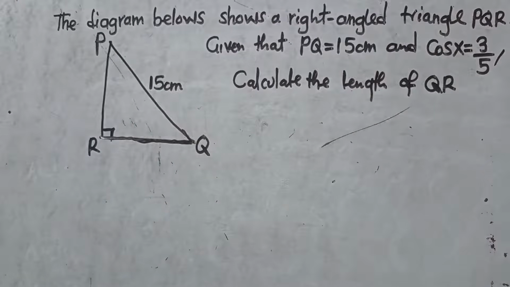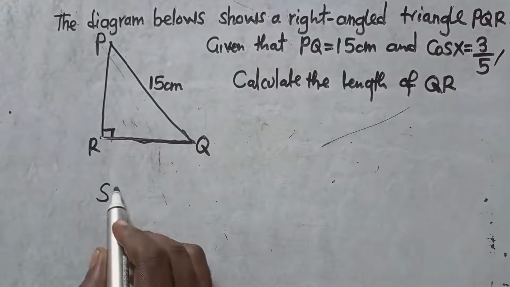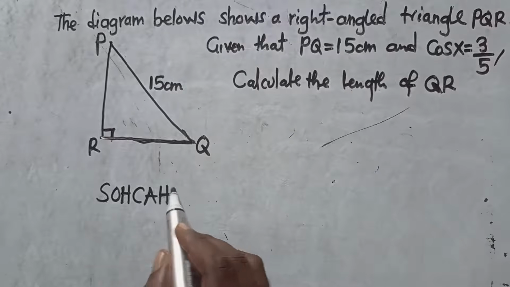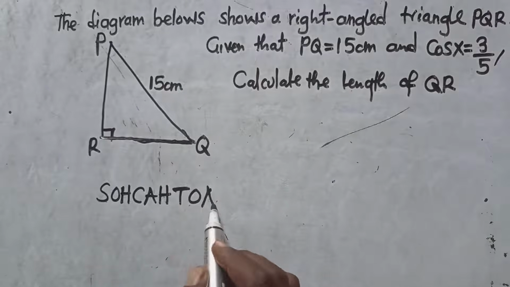You know that in trigonometry paper 1 ECZ, we only focus on SOHCAHTOA, which is trigonometric ratios. This is SOHCAHTOA, written like this.